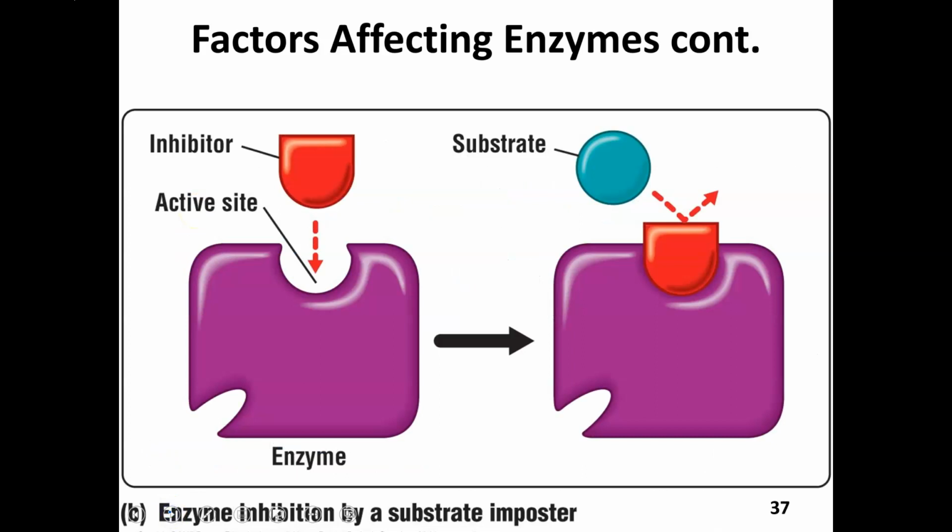So here's what competitive inhibition looks like. Here we have an inhibitor. So this molecule can bind to the active site just like its normal substrate does. But when it binds, it doesn't unbind. And so now the substrate can no longer bind effectively.